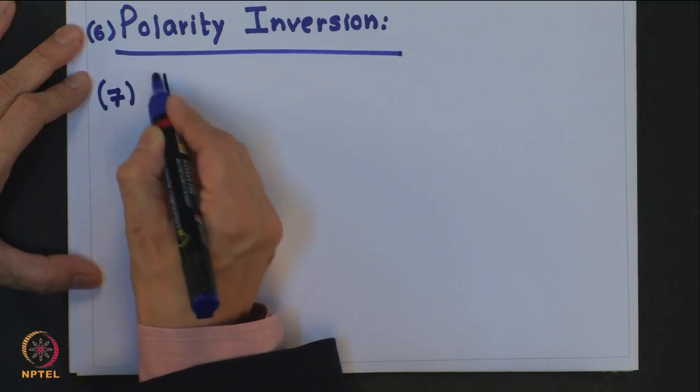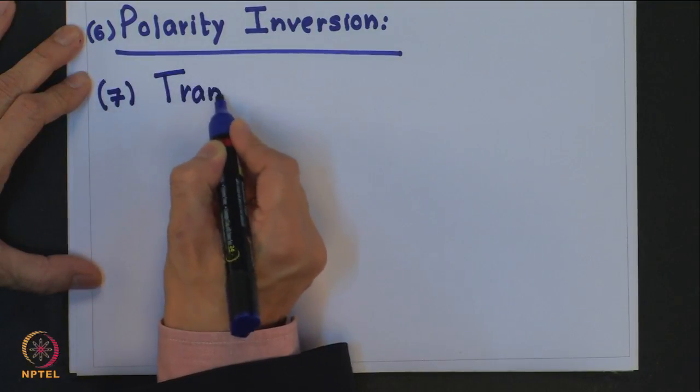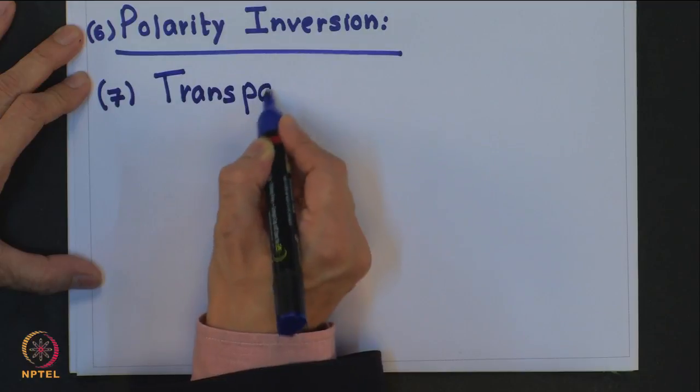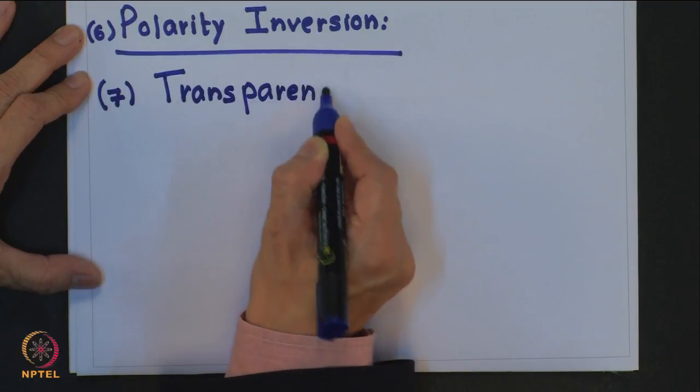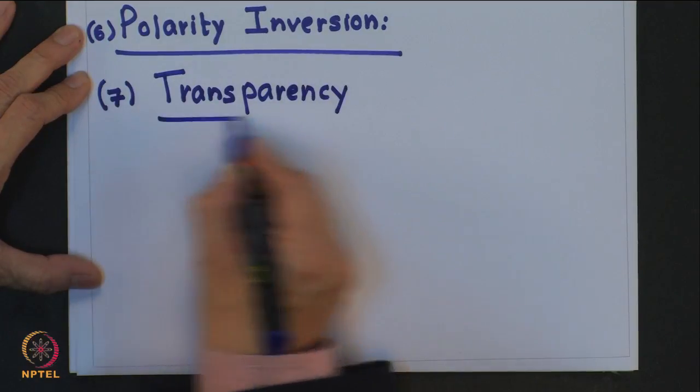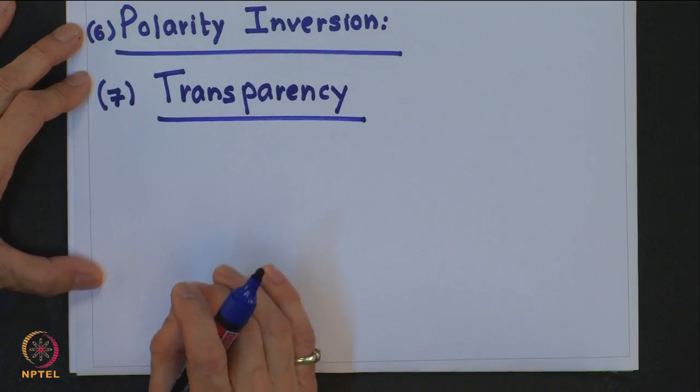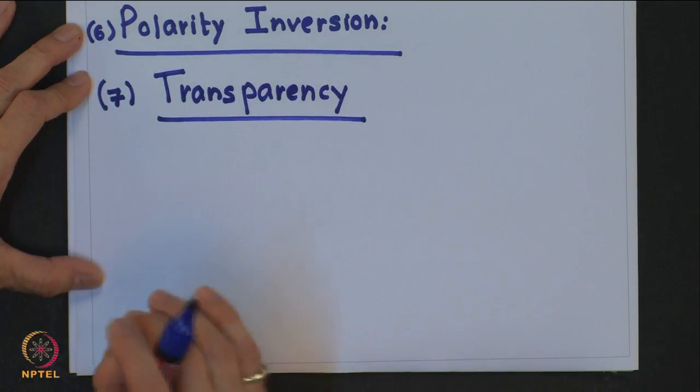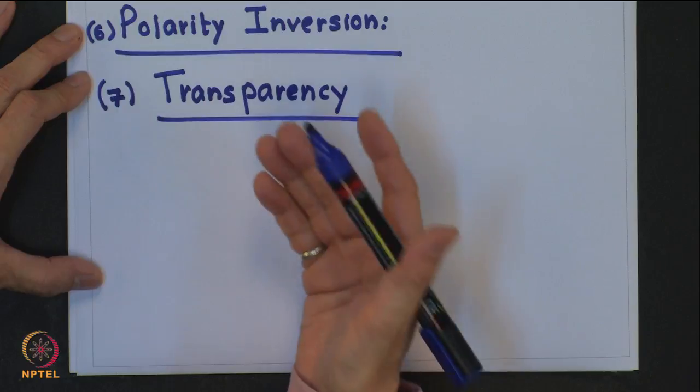And the last is what is known as transparency. It is more of a term which is defined to classify a line code which withstands some kind of distortions.